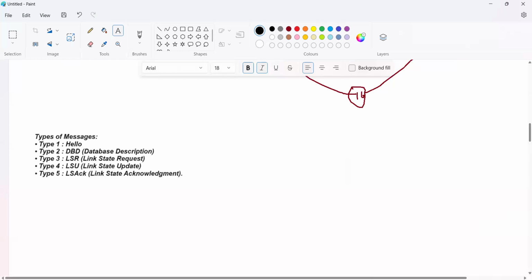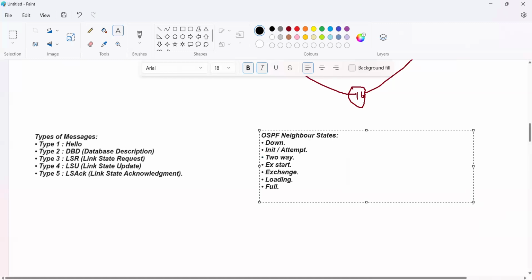OSPF has 6 states: down, init, two-way, attempt, exstart, exchange, loading, and full.